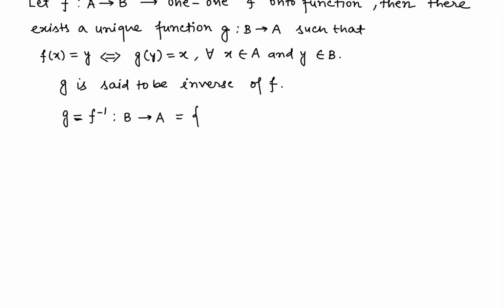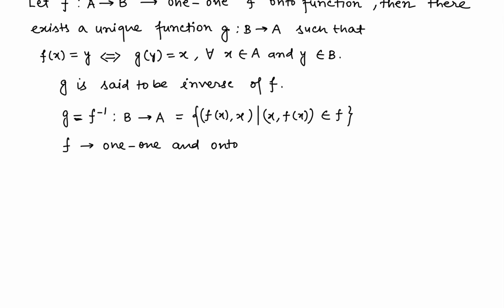Here are ordered pairs f of x comma x such that x comma f of x belongs to f. Here we are talking about a function f which is 1-1 and onto.